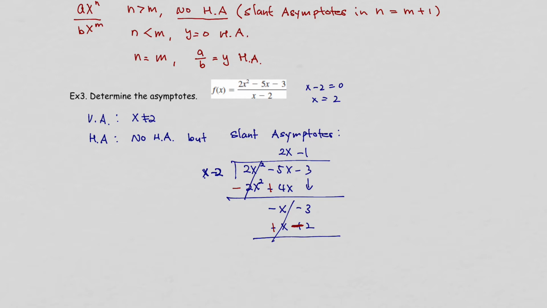Negative 3 minus 2 will be negative 5. So your remainder is negative 5. When you're finding the slant asymptote, you do not use the remainder. This is going to be your slant asymptote. So the slant asymptote will be y equals 2x minus 1. So your graph cannot be equal to that line.